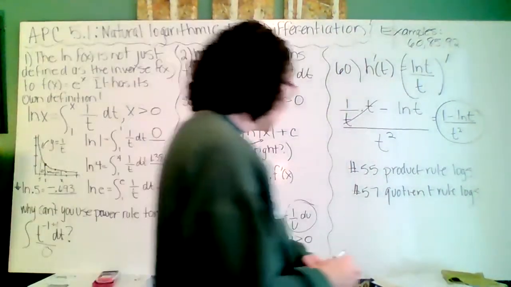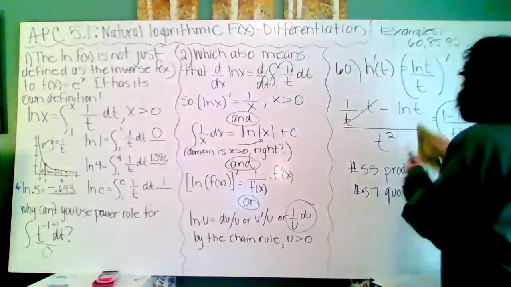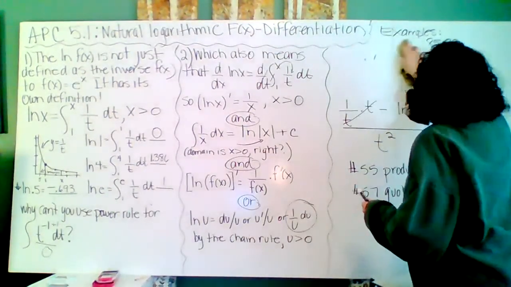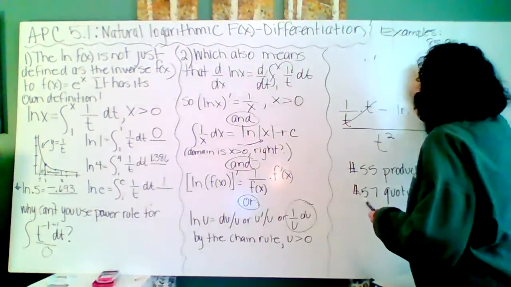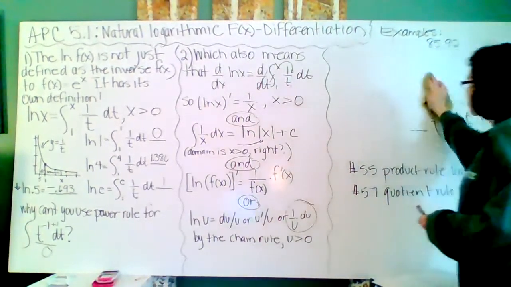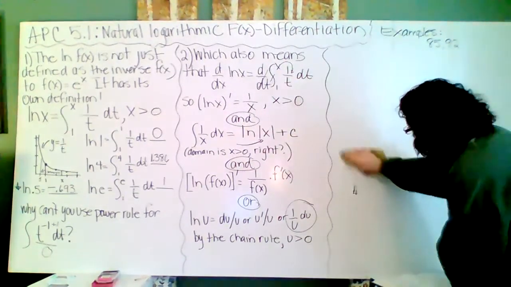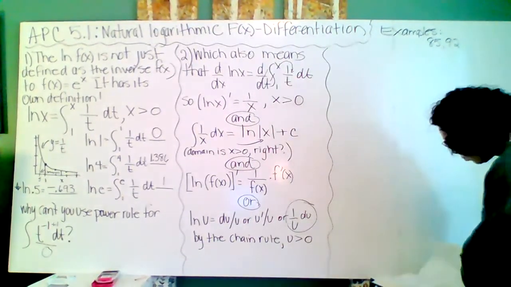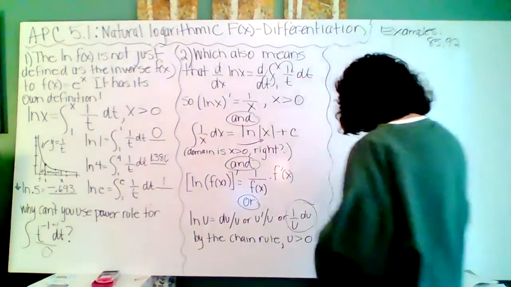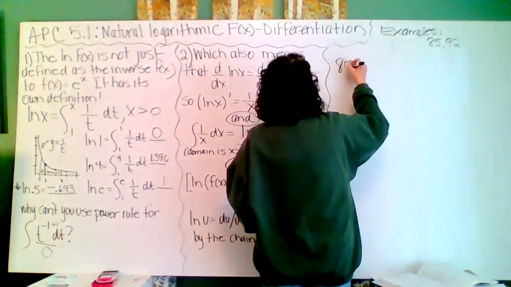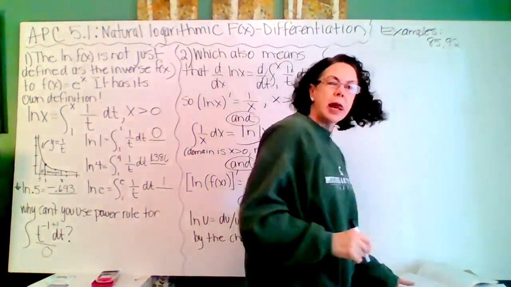Okay, let's take a look at number 85. This is implicit differentiation. Remember where you have your x's and your y's and you're taking the derivative with respect to x. So what you're going to find in these next sections is all kinds of work you already know how to do.